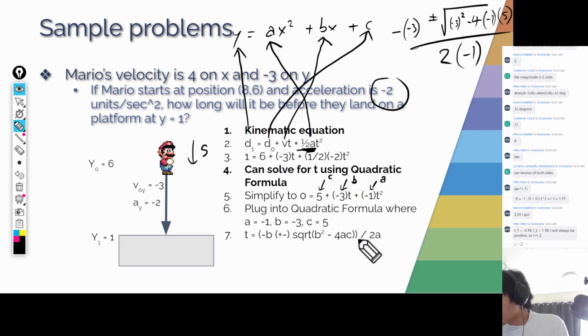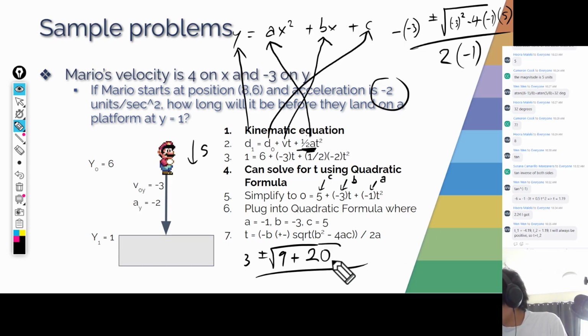And that simplifies pretty nicely. We'll end up with 3 plus or minus the square root of, let's say, 9 minus 4 times -1, which is -20. Okay, so it's plus 20, over -2. And this is plus or minus.